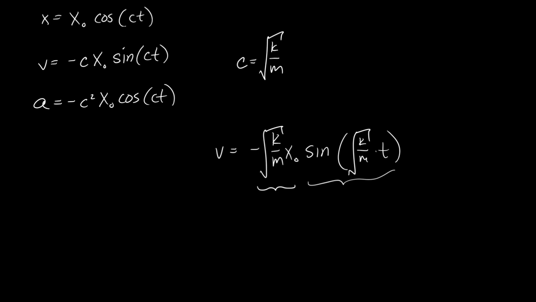And we know that's got to be in radians per second times whatever x naught is. So for this problem, it's meters per second. Since 1 is the biggest sine can be, our maximum velocity has got to be the square root of k over m times x naught. That's got to be the fastest the oscillator can go.